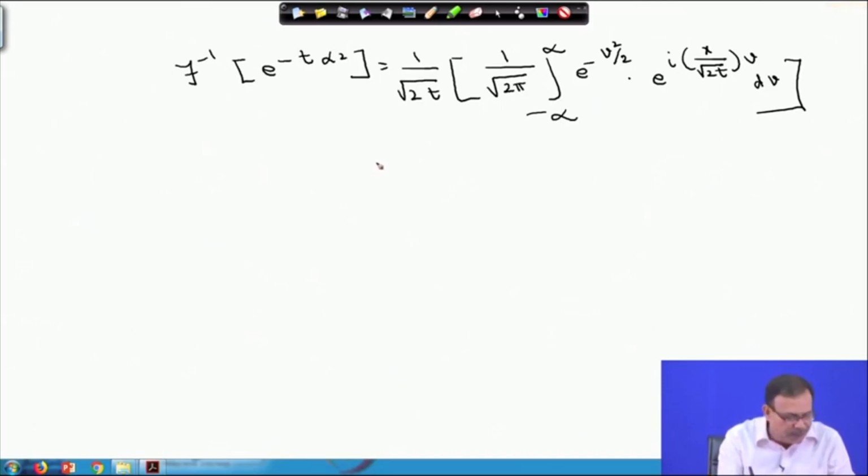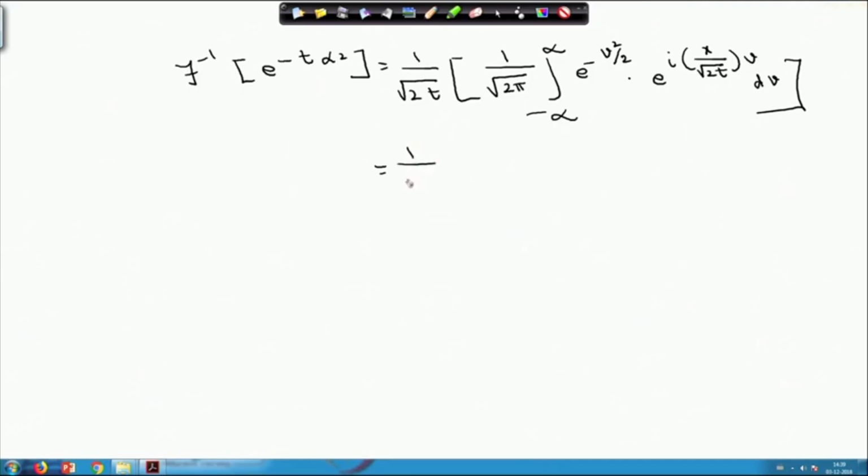So directly, if I substitute the known Fourier transform of e power minus v square by 2, I will obtain 1 by root 2t e power minus half into x by root 2t whole square, simply by using the formula. Kernel is here x by root 2t.